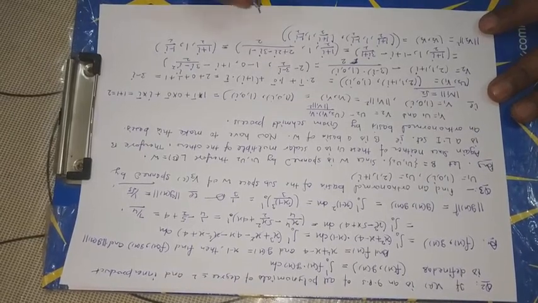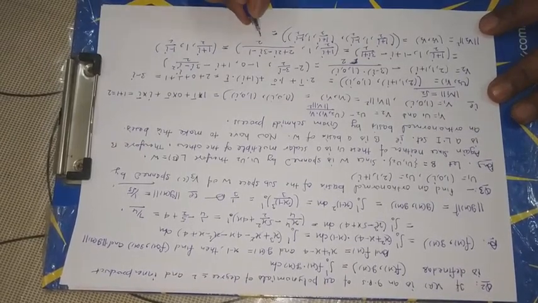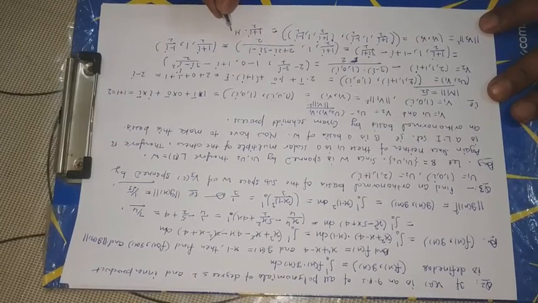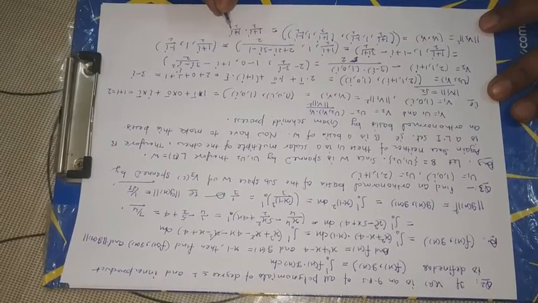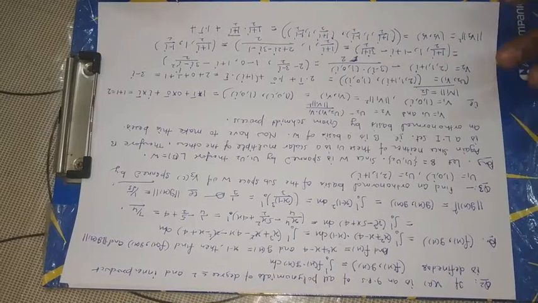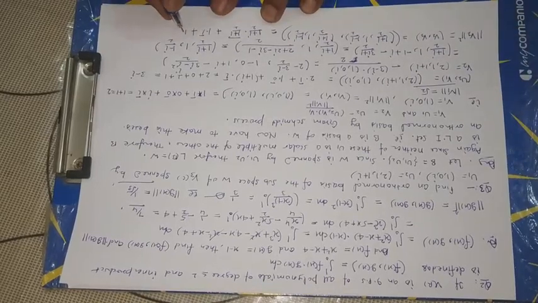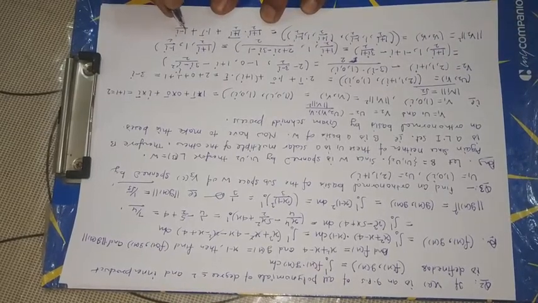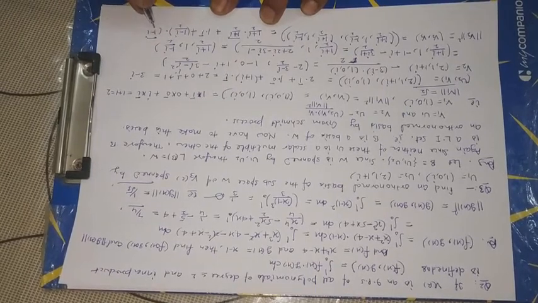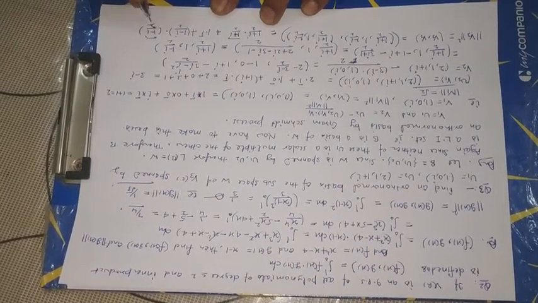Now we can write (1 plus i) upon 2 into ((1 plus i) upon 2) whole bar plus 1 into 1 bar plus (1 minus i) upon 2 into ((1 minus i) upon 2) the whole bar.